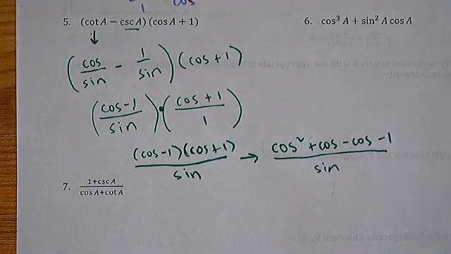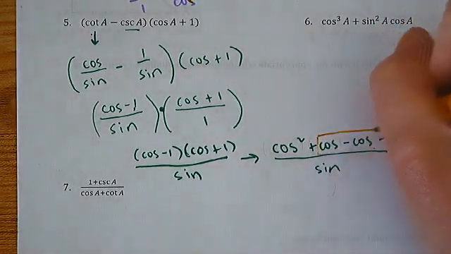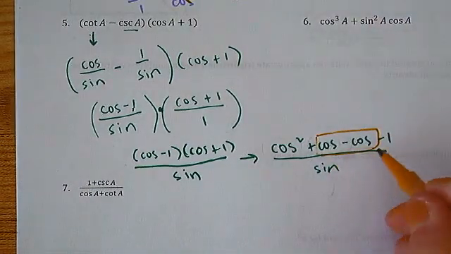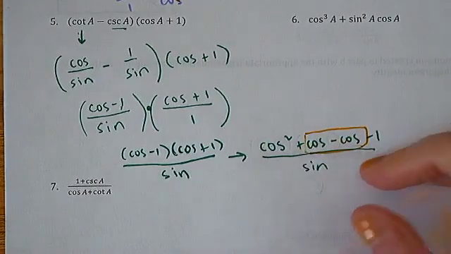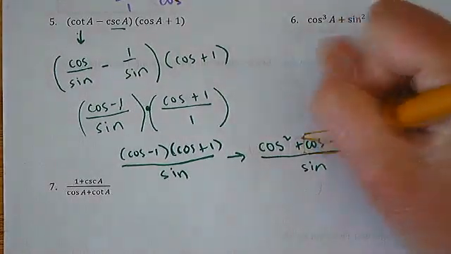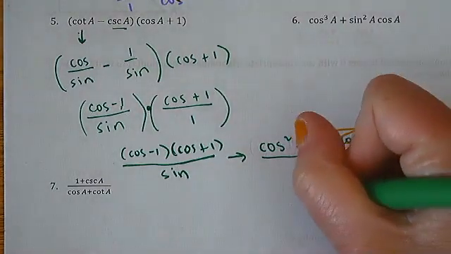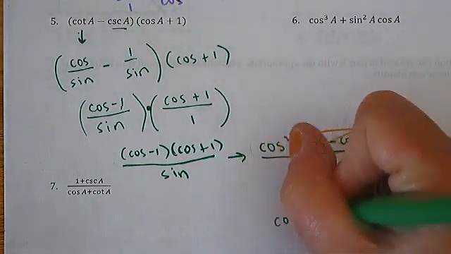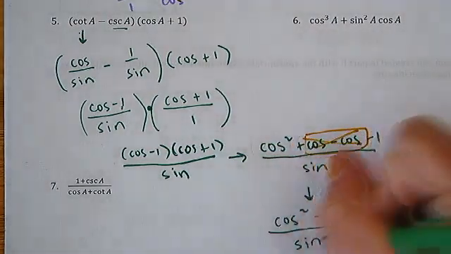Stick to the numerator. Does anything simplify? Does anything cancel? Remember, this is algebra. What's going on here? Cos minus cos. What's cosine minus cosine? What's 2 minus 2? What's x minus x? Anything minus itself is 0. It cancels out. What does that leave us with? Cosine squared minus 1 all over sine.